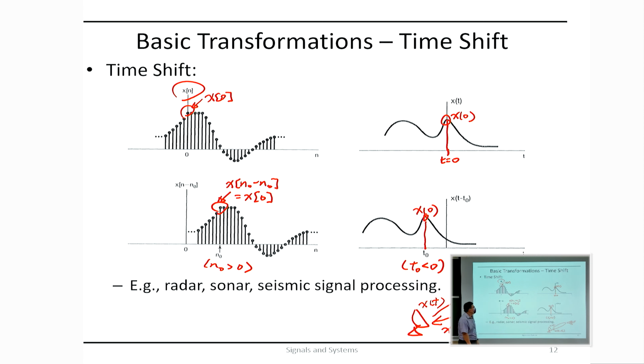The way to justify this is that if you observe the value at time 0 of the original signal, you will see that this value will then occur instead at time n naught in this time-shifted version. Because if you plug n naught into n here, you will get exactly x of 0. So this is a simple way to check if you have done the time shift correctly.